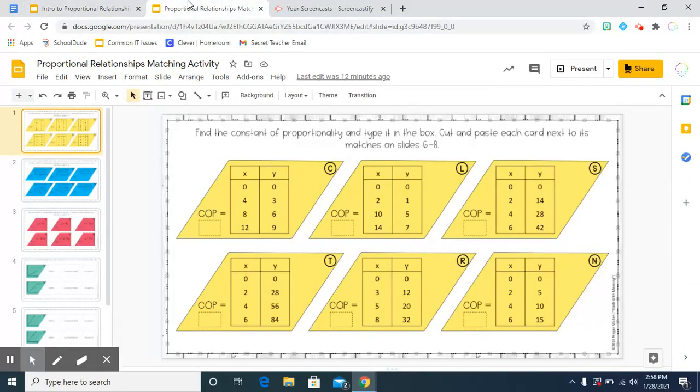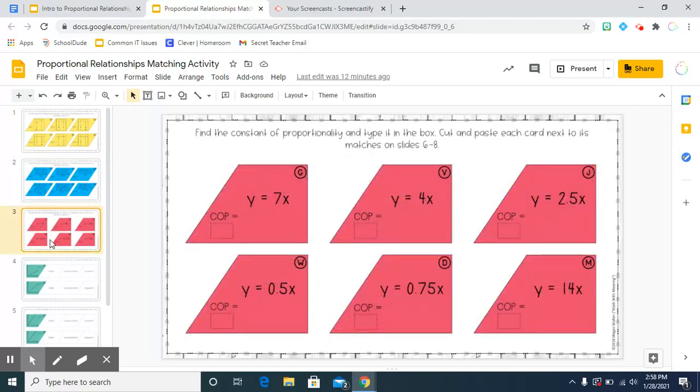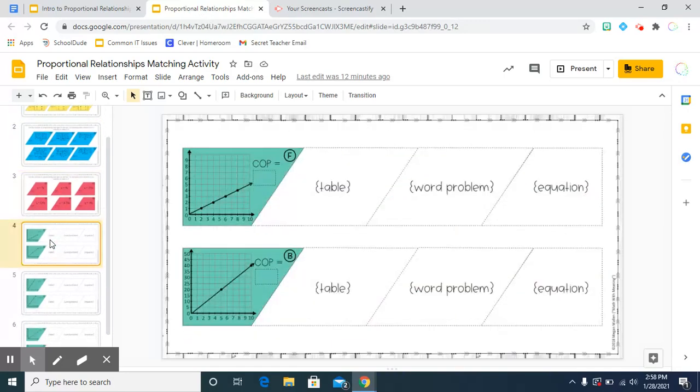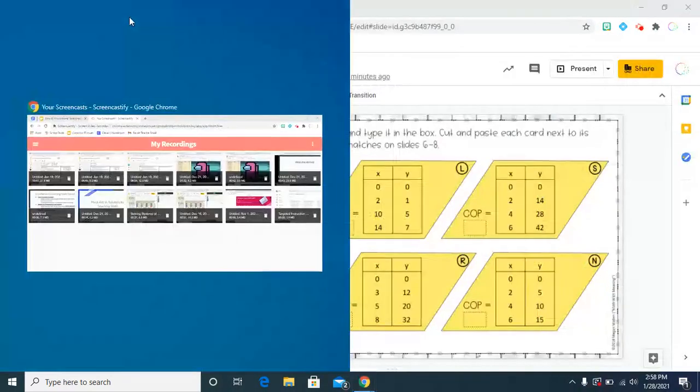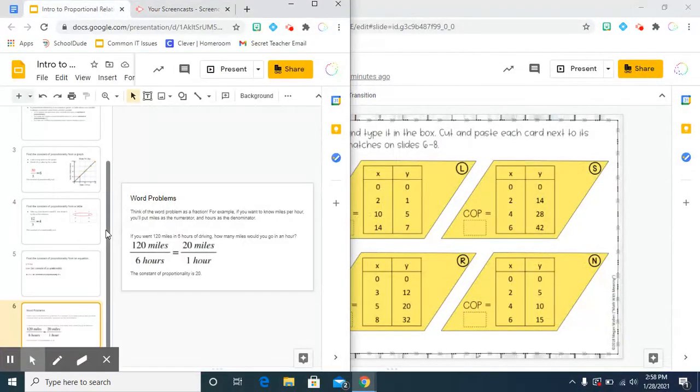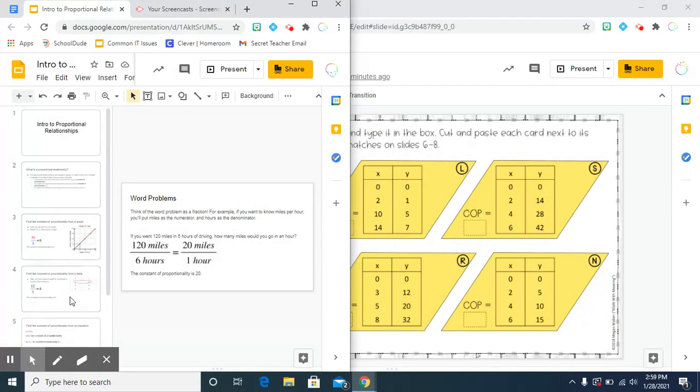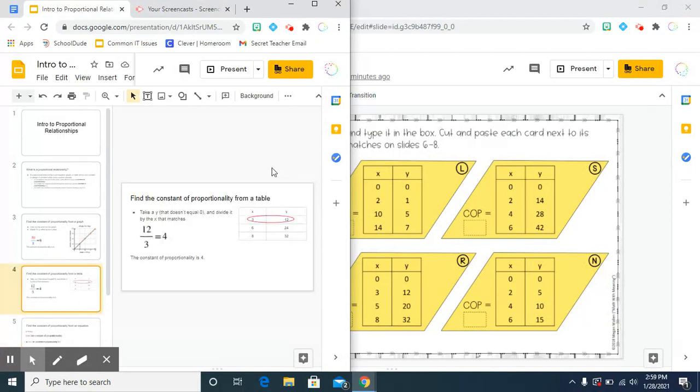So now let's do a couple examples from your homework just to show you how this works. On these slides, we have tables, word problems, equations, and graphs. Looking at my tables, I do the table method, which in this case we can look at by splitting my screen and going to where I had my table.